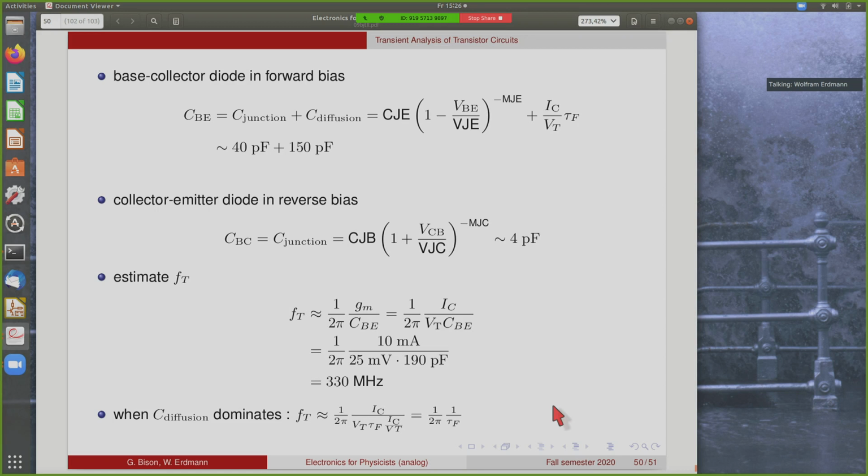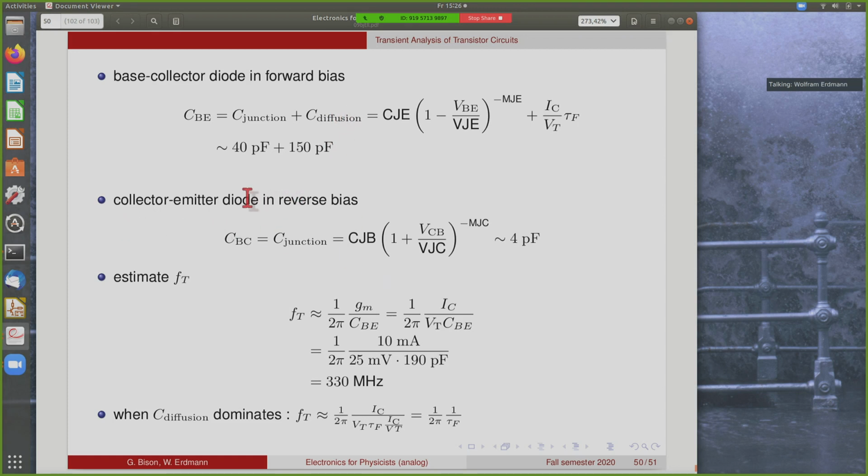So if we now take the model values and put in something realistic, the current that we use for the simulation, then you get, for the base emitter capacitance, 50 picofarad for the junction and 150 picofarads for the diffusion, which is typical because in forward bias, the diffusion often dominates.